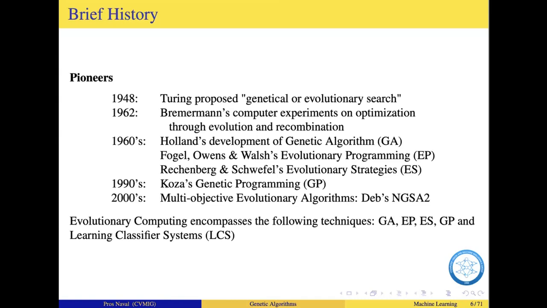Evolutionary computing encompasses the following techniques: GA, or genetic algorithms, evolutionary programming, evolutionary strategy, genetic programming, and learning classifier systems, among others.